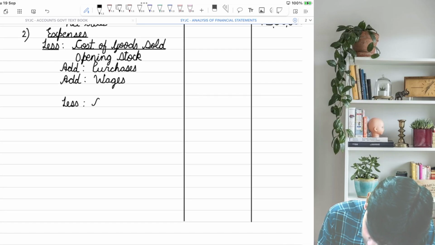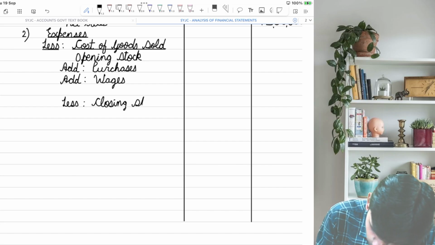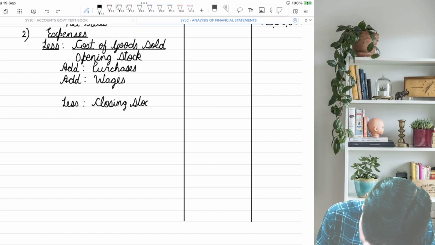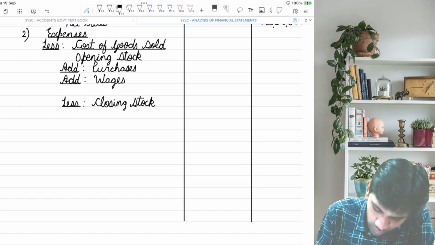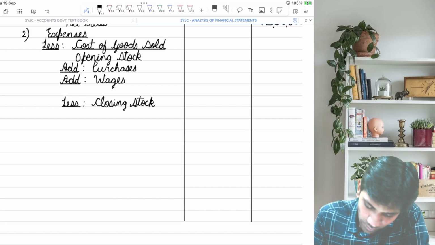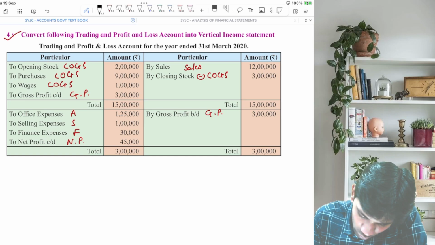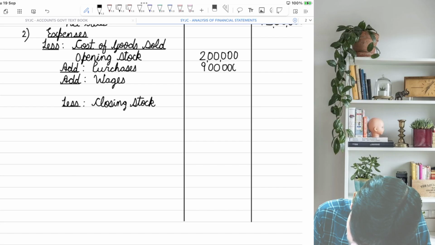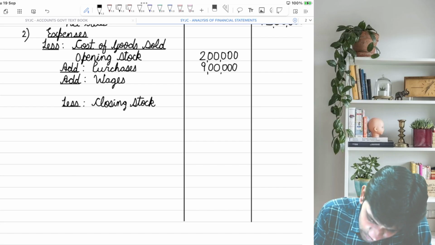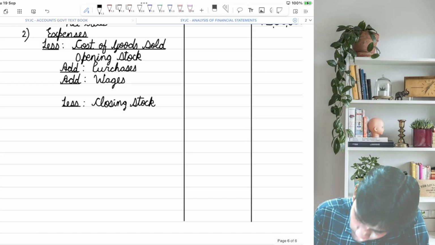We have less closing stock. Opening stock 2 lakh, purchase 9 lakh, wages 1 lakh.